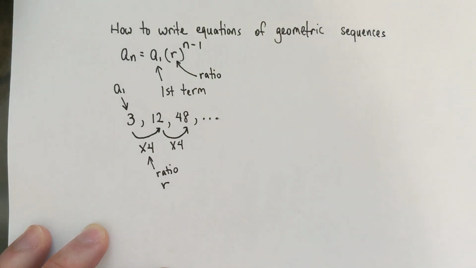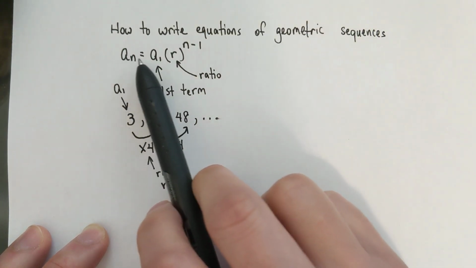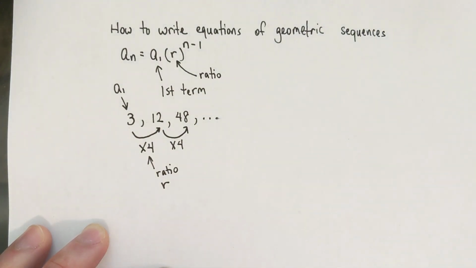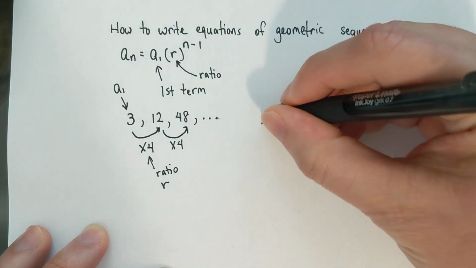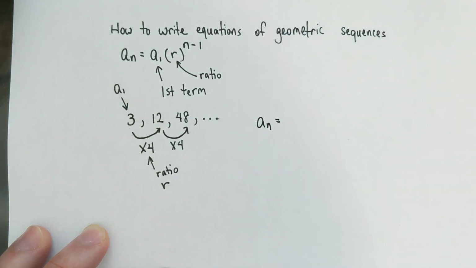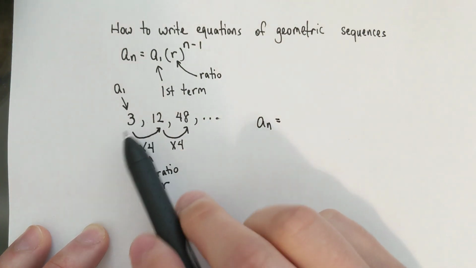So our first goal is, can we figure out all the information that we need so we can write an equation? To write this equation is pretty easy. We have everything we need. A sub n, we're going to leave that alone. A1 is the first number in our pattern, and in this problem, the first number is 3.